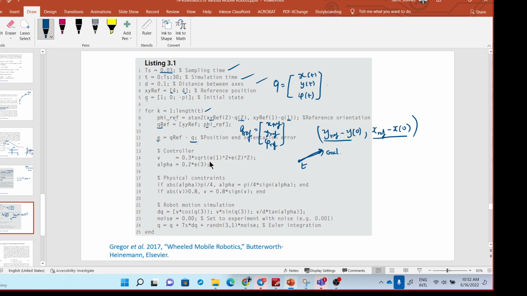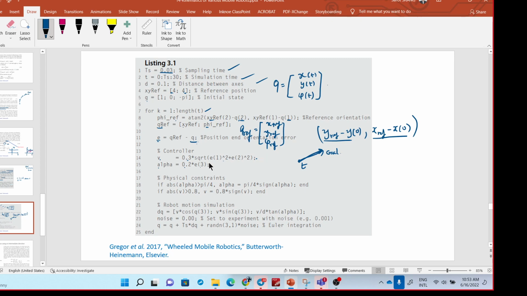Sometimes I say distance, sometimes I say error, because it does not reach the goal yet. So the distance itself is the error. So this is the norm. So the linear velocity is proportional to the error, and alpha is proportional to the error of the orientation, right?